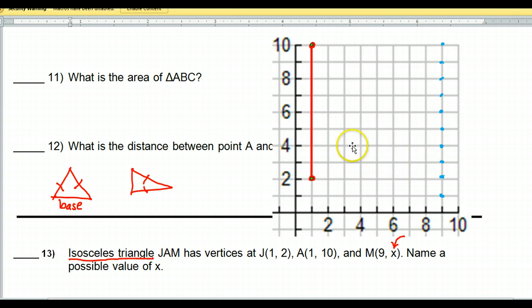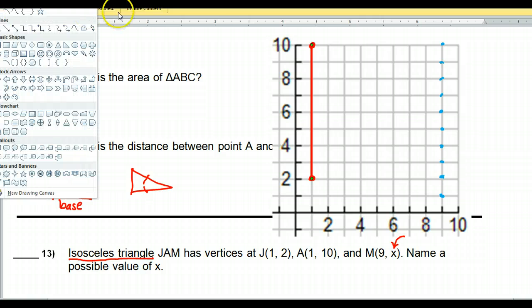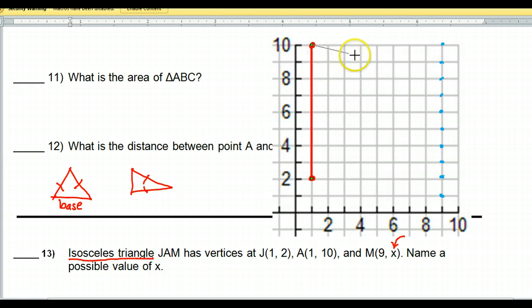If you think of that as the base of the triangle, then this is what we're asking ourselves. If I go like this, is that going to make an isosceles triangle if I pick this point right here?